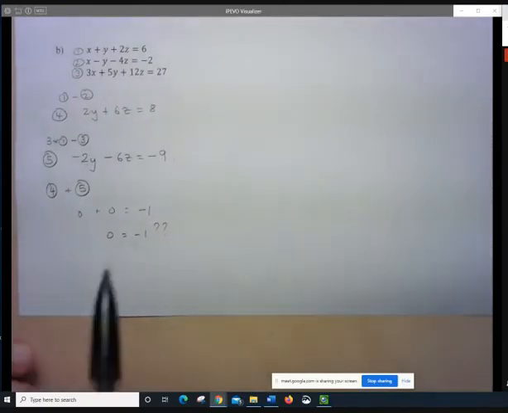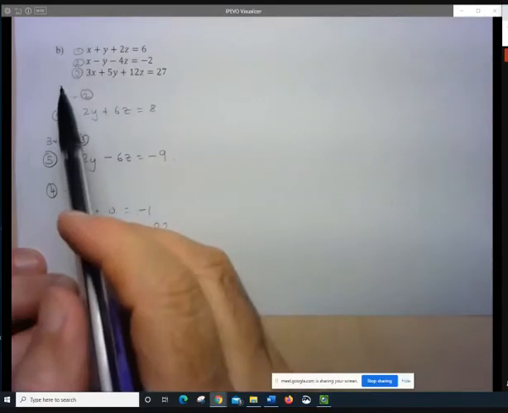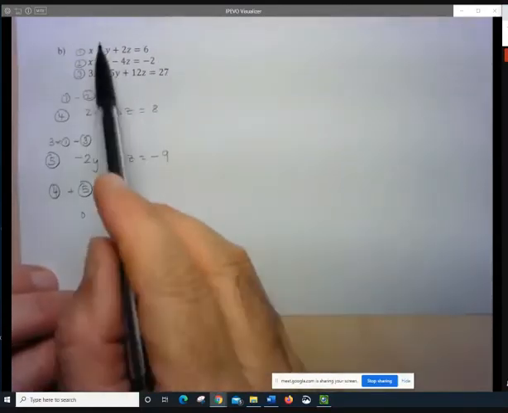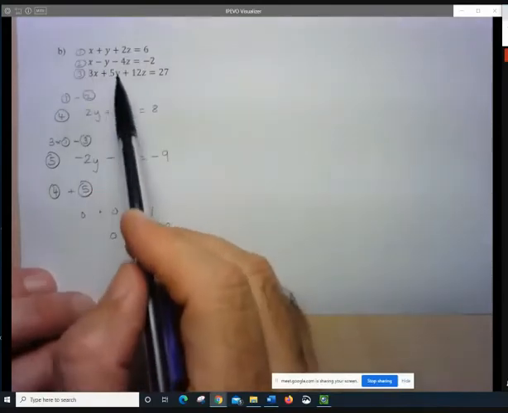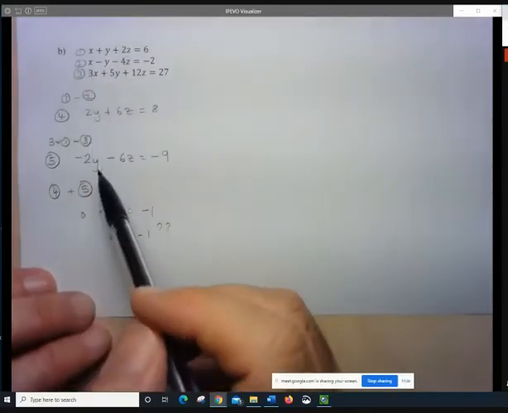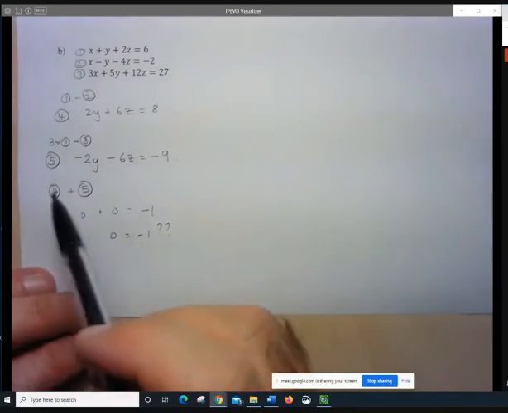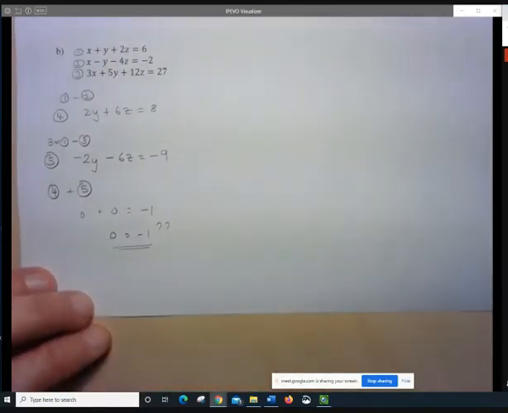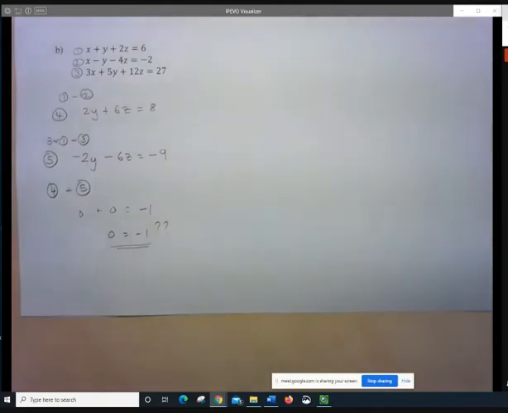In trying to solve this, I was making an assumption. I was assuming that there was an intersection to be found. So I went through the procedure of trying to determine this intersection, and in doing that, I came to what we call a contradiction. Because try as you might, 0 is not equal to negative 1.